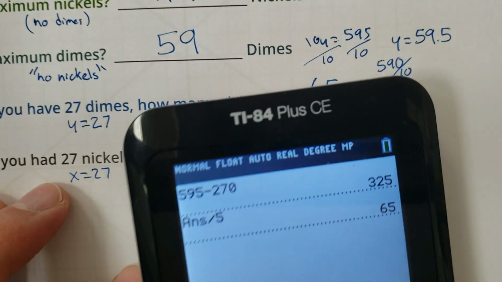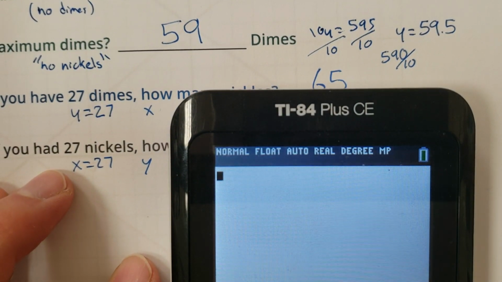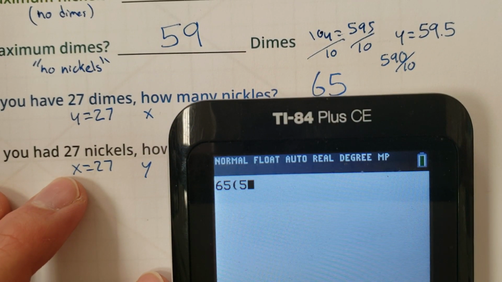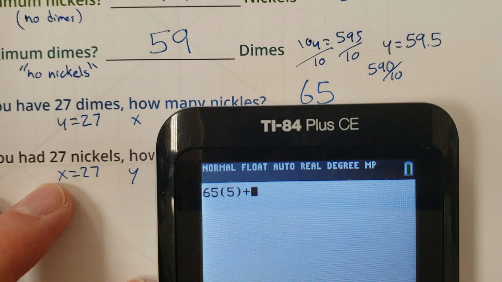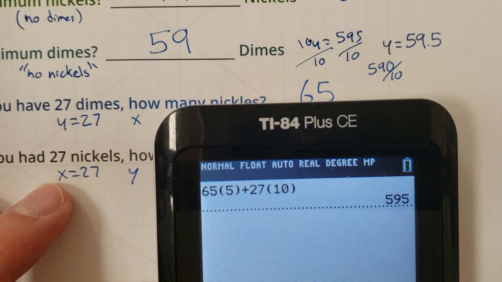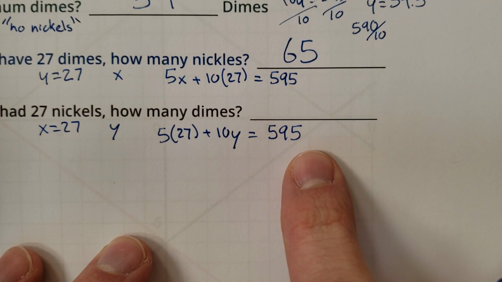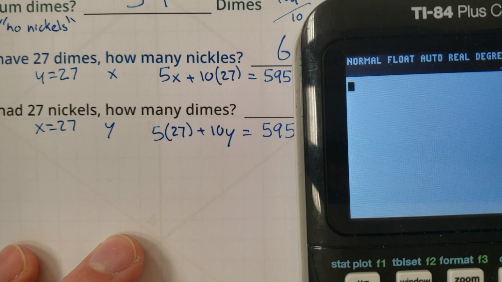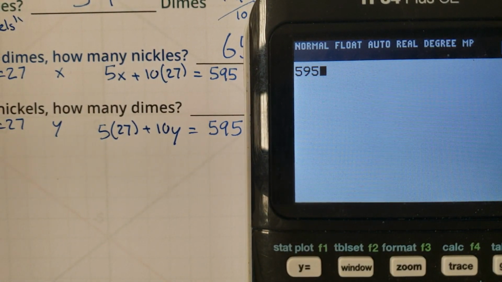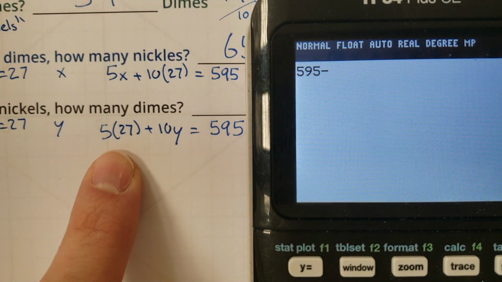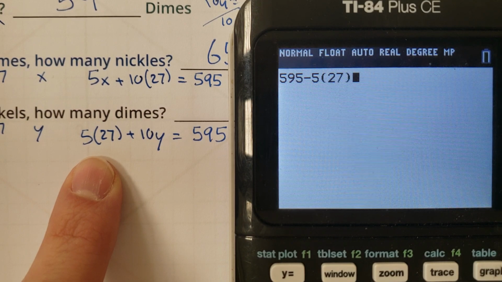You can double check. 65 nickels plus 27 dimes is 595. Got them. All right, cool, good for us. Let's do the same thing here. Let's start with our 595 minus 5 times 27.